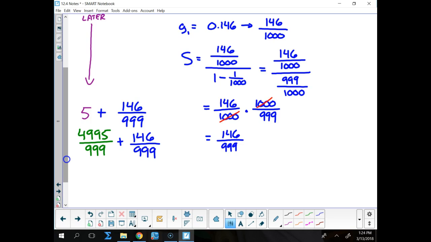So that gives us a final fraction here of 5,141 over 999. Questions on that?